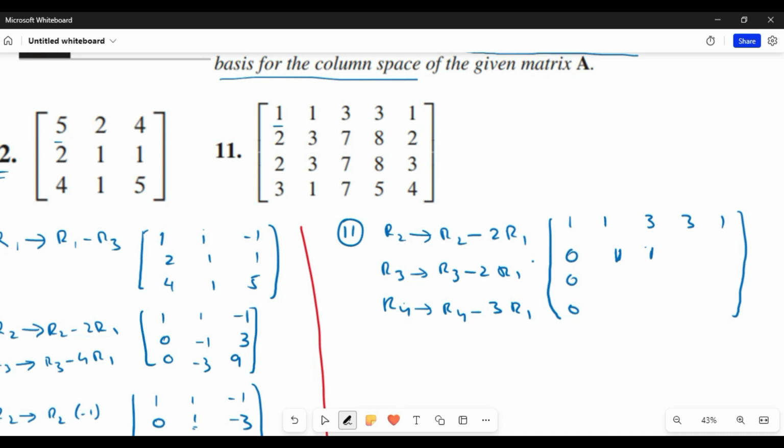and similarly you can fill the remaining parts. Similarly third row, R3 is R3 minus 2R1, so this is 0 1 1 2 1, and the last row will be R4 minus 3R1. R4 is 3, 3 minus 3 will be 0, 1 minus 3 will be minus 2, and next minus 2, minus 4, 1.